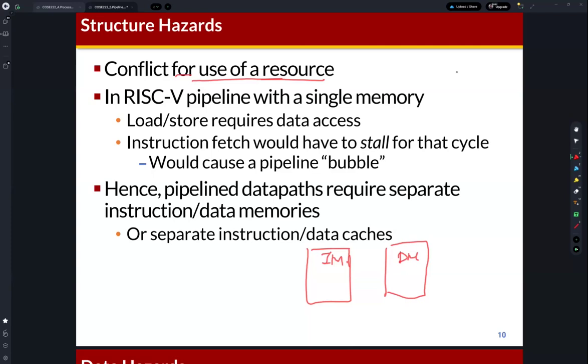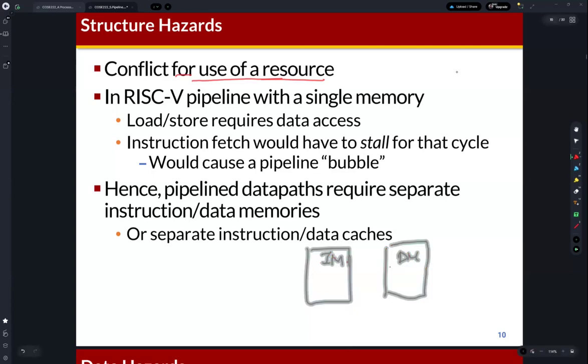But when we design a single cycle processor, we split the memory for instruction and the data memory, right? Then why? Actually, we want to avoid the structure hazard. What does that mean?